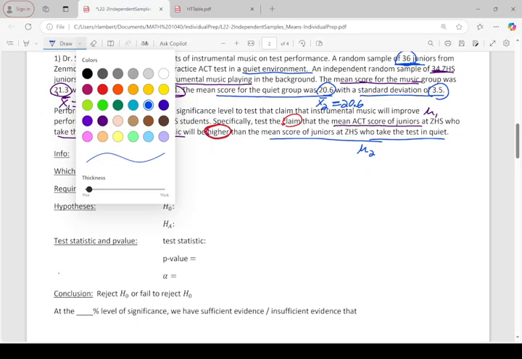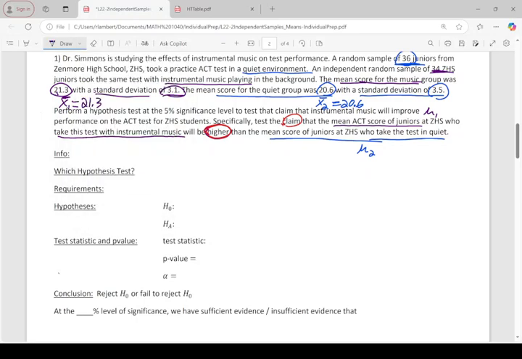Let's go ahead and write down the info. In the music group, we had a sample of 34.